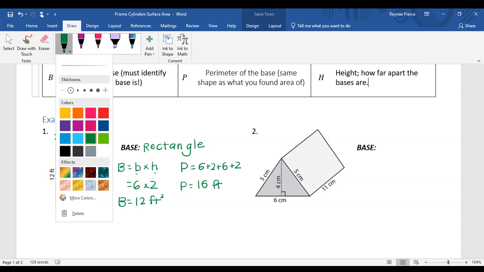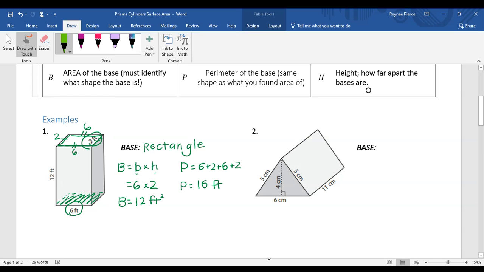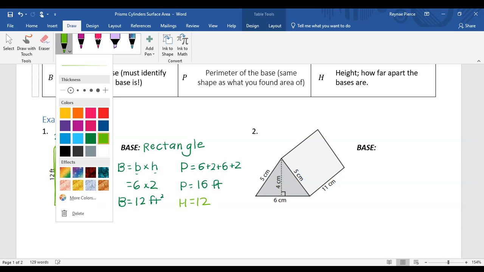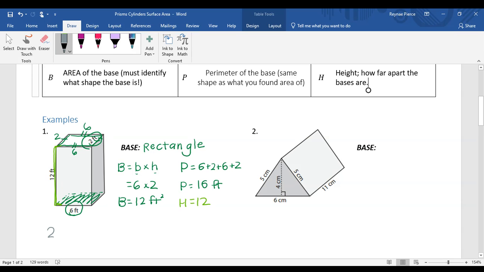Okay, and then capital H, remember, stands for the height. How far apart are those bases? Okay. We're going to use 2B plus PH and just substitute these three values into that equation.